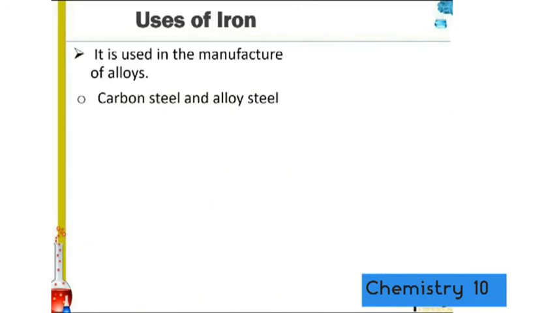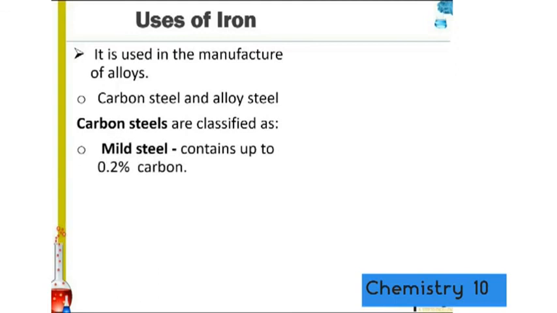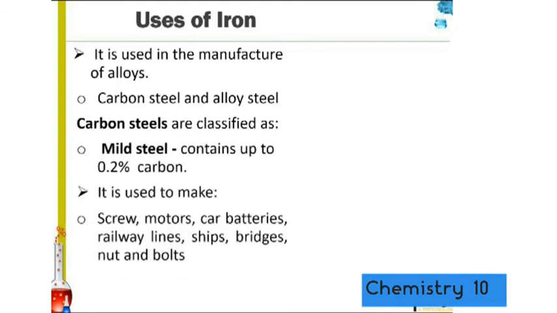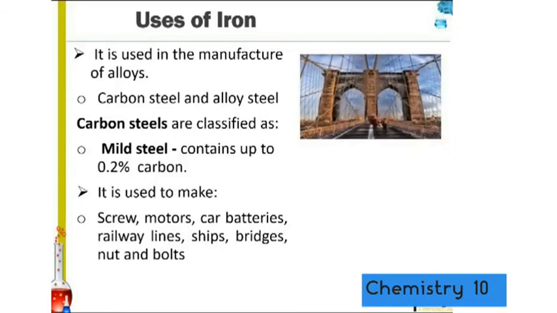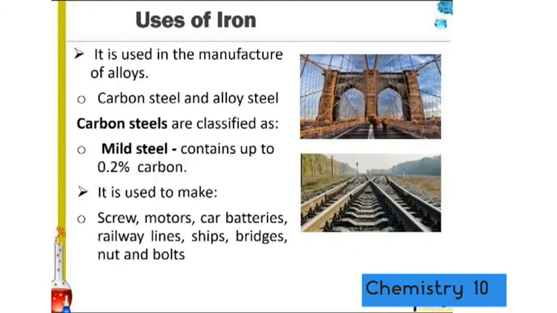Iron is also used in the manufacturing of alloys, including carbon steel and alloy steel. Carbon steels are classified as mild steel, which contains up to 2% carbon and is used to make screws, motors, car batteries, railway lines, ships, bridges, and nuts and bolts.